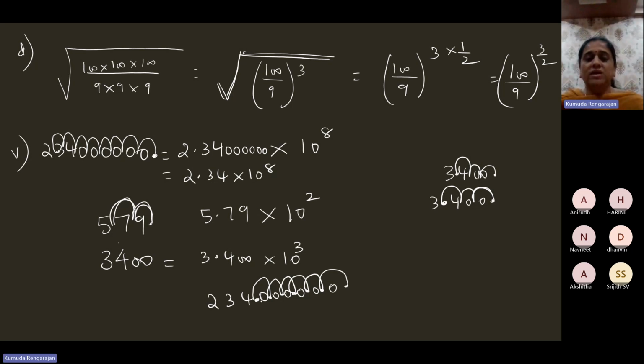If you stop here, what is the number? Suppose I stop here, what's the value of the number? 234. If I move the decimal point by 6 places and stop here, it is 234.121212, which is nothing but 234.